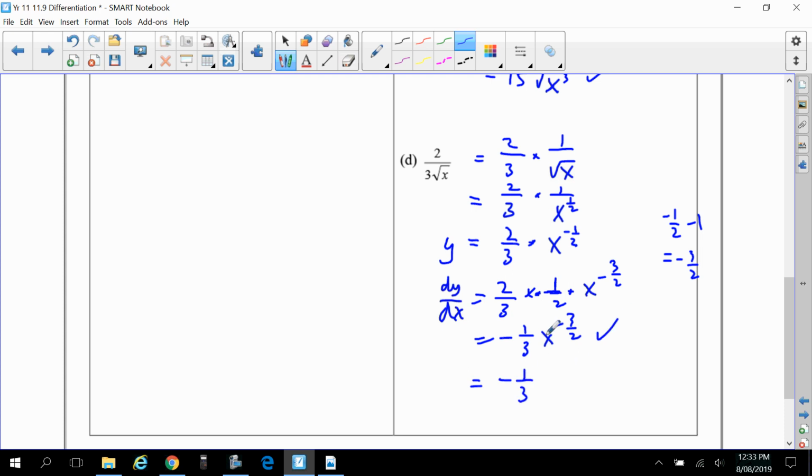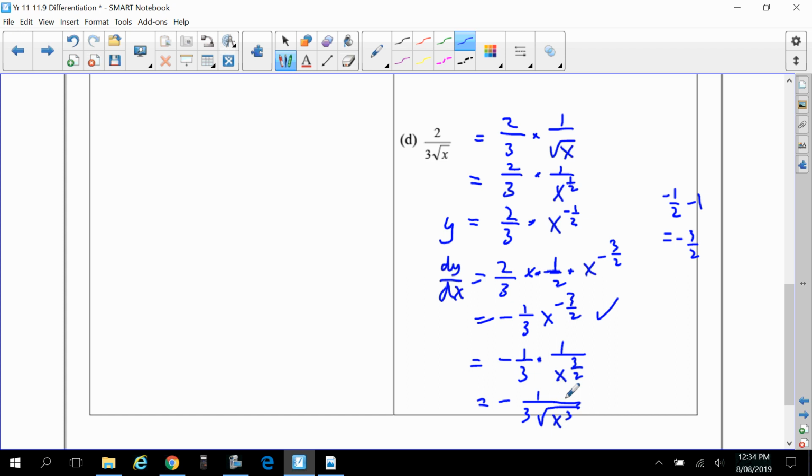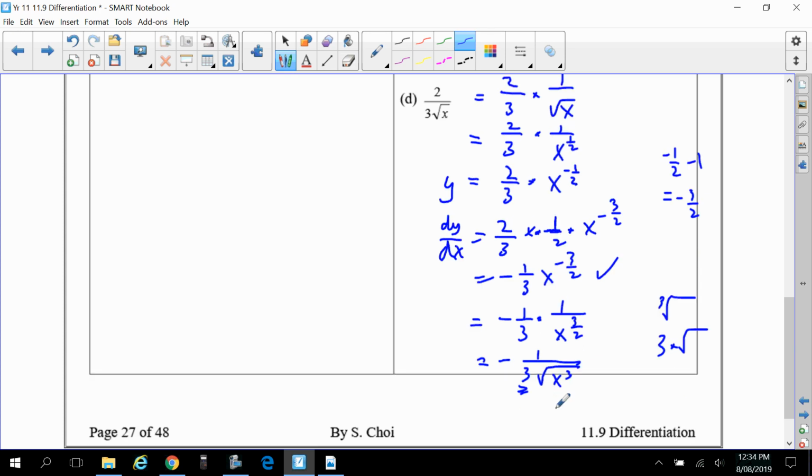I think that's okay if you leave it like that, but sometimes you do have to get rid of the negative index and write it in root form, which is square root x cubed. Make sure you write the 3 very big, because there's a difference between cube root and 3 times square root, if that makes sense. So that's 3 times square root. Okay, write it down.